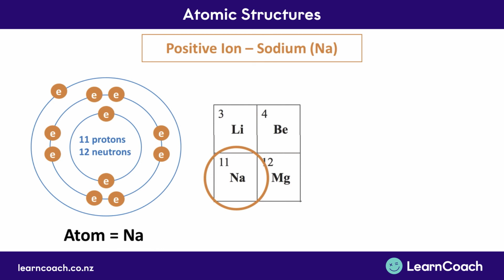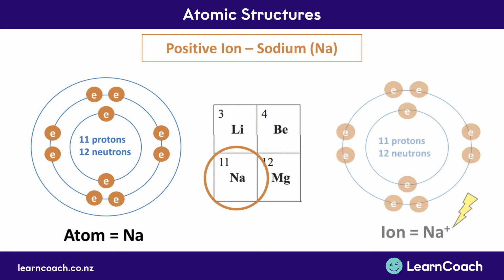So in order to form a sodium ion, we need to lose this outermost electron, like this. And in doing so, we then form a sodium ion. And as a result, because we've lost an electron, this means that we're going to have more protons than electrons. And this gives our sodium ion a positive charge.